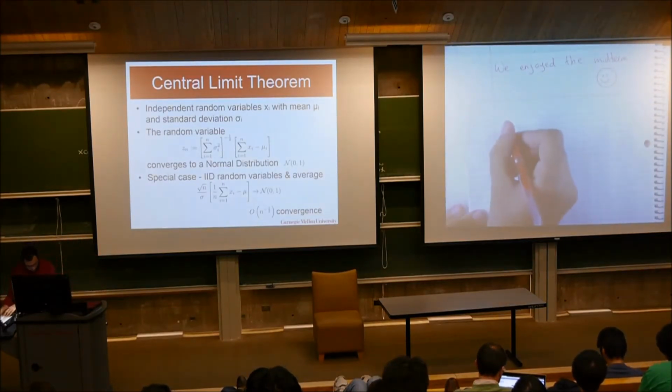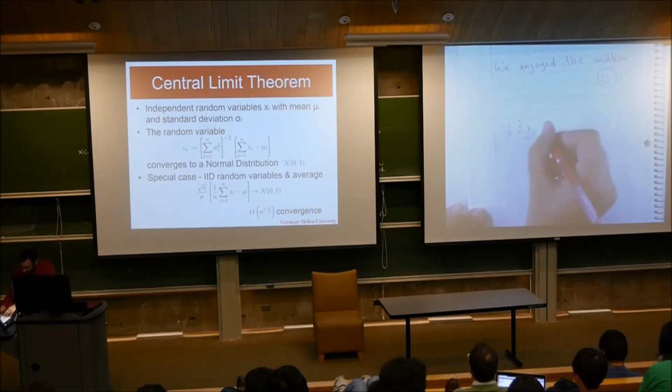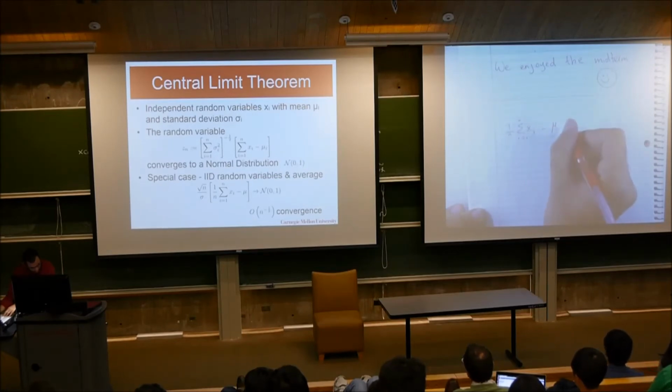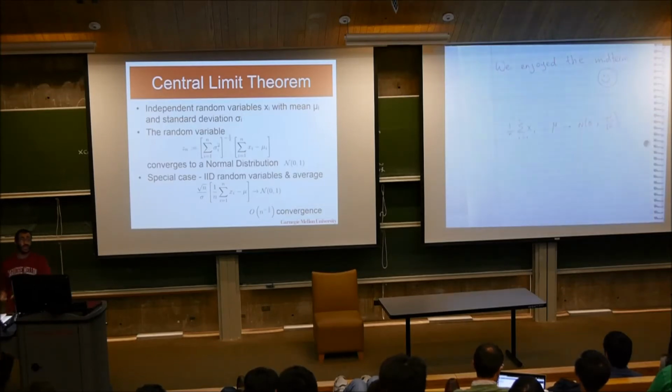So the difference between the empirical mean and the true mean is a Gaussian with mean 0 and variance sigma squared over n.